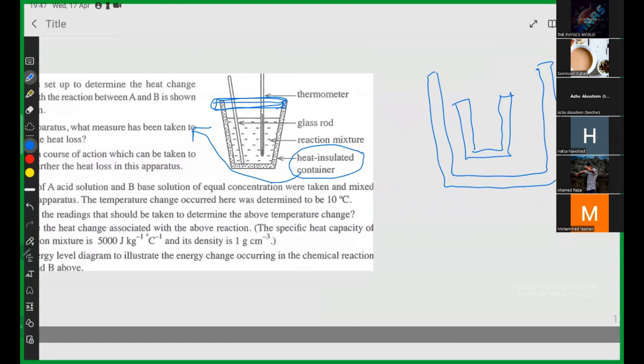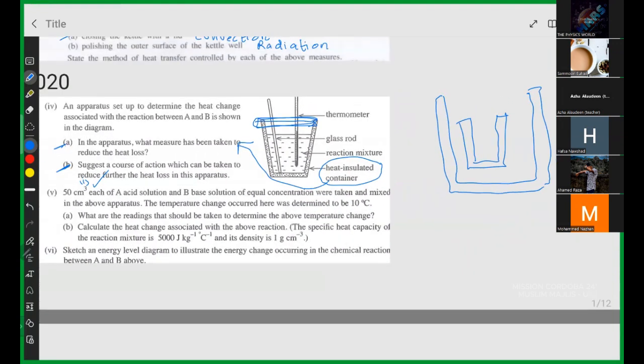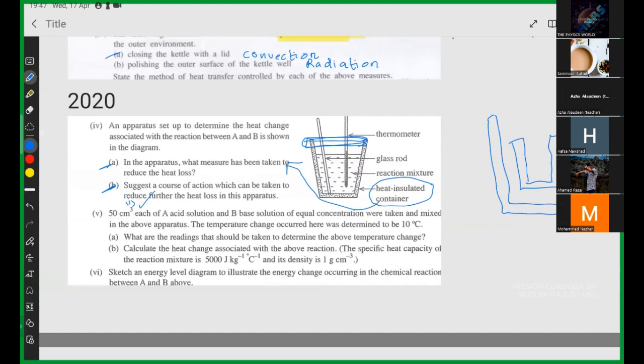So first answer is, I'm telling the answer, if you need, you can write it. Using insulating lid such as wood or foam. And secondly, inserting this container into another insulating container. Is everyone okay with both of these questions? Yes, ma'am. Yes.